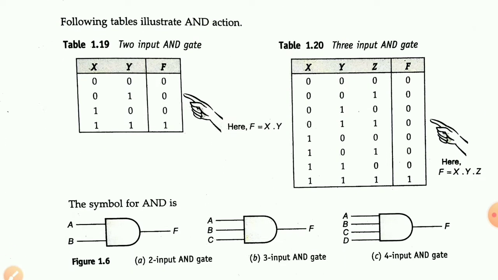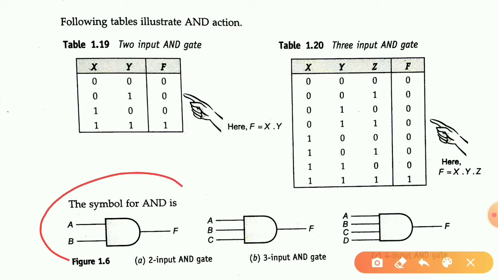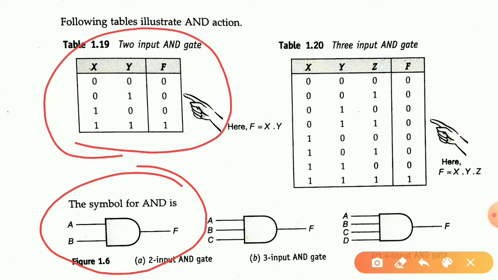Next, let's see the truth table for the AND gate. Students, let me first explain how the AND gate is created. Two inputs are there, and it is drawn in the form of a D. If we see the truth table of these two inputs, only when all the input combination values are ones will it give 1, otherwise the answer will be 0. Clear?